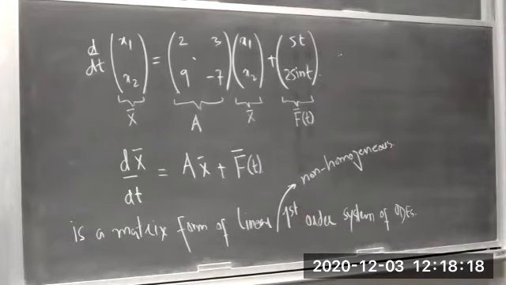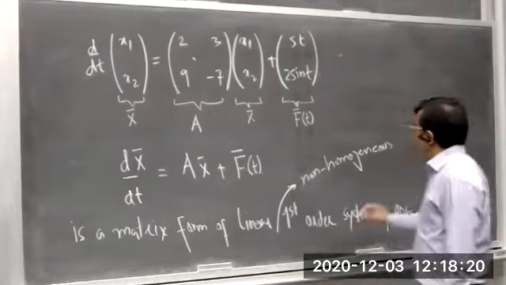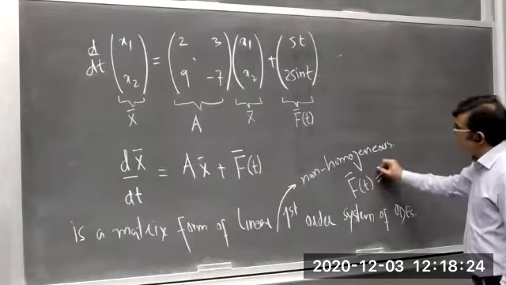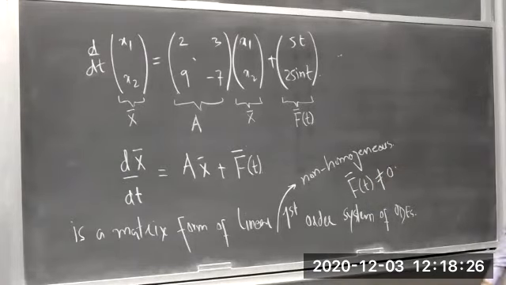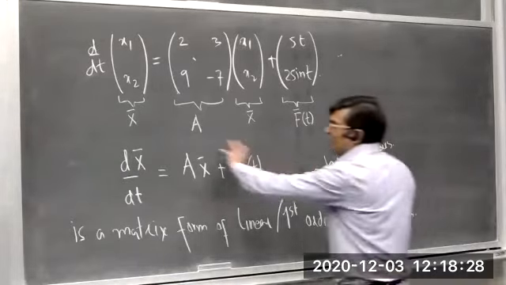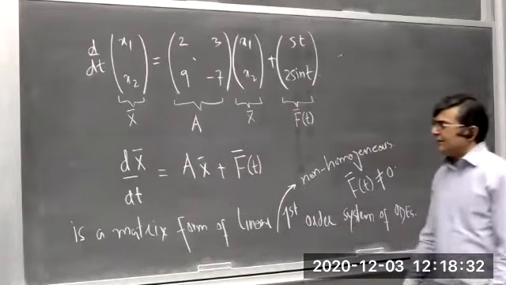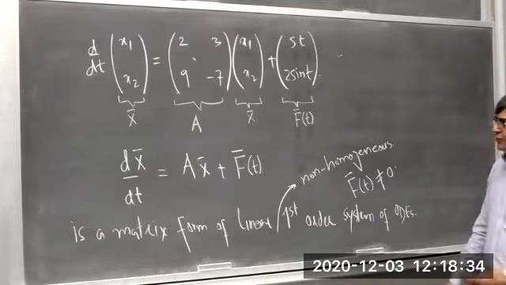If this f of t, this vector, is not equal to 0, then we call this system a non-homogeneous linear system of first order ODEs.